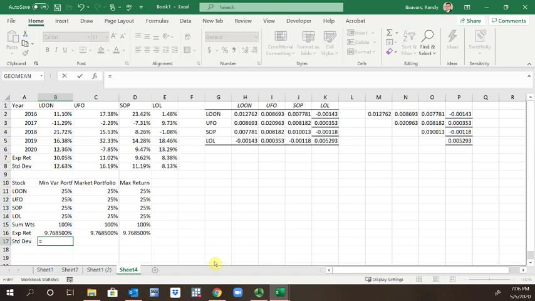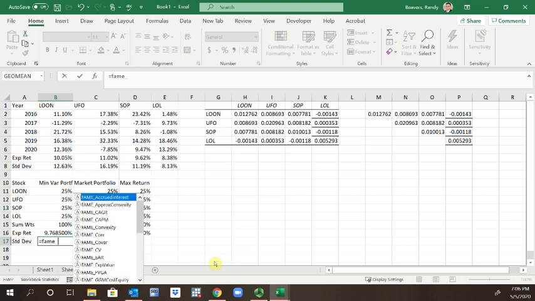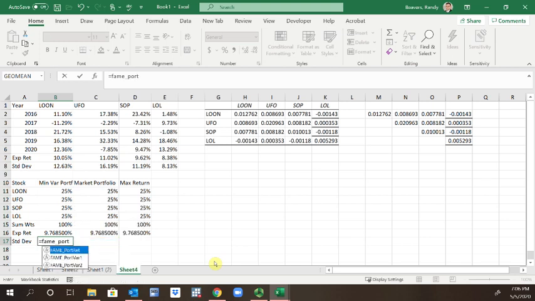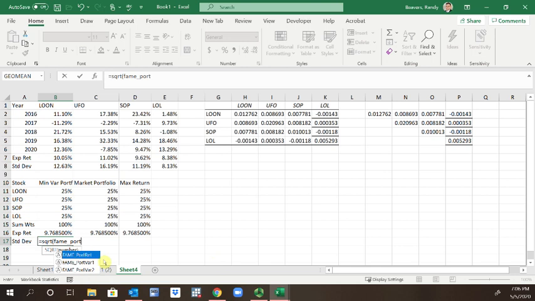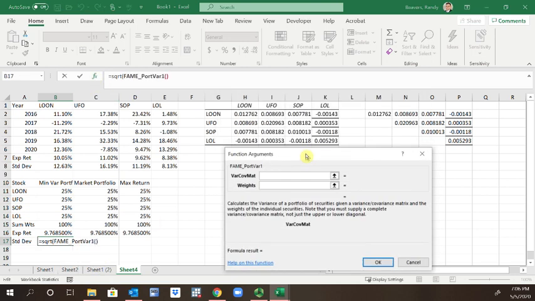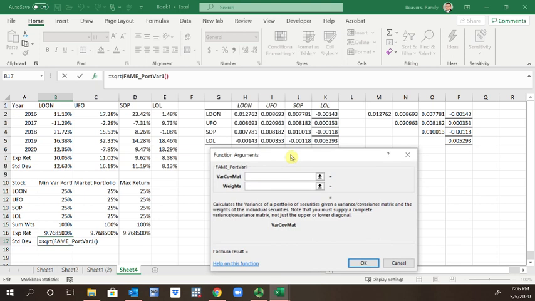Actually, we're going to use the FAME function underscore portfolio to get the portfolio return and portfolio variance. We'll start off with equal square root and then port variance one. Let's look at that one first. What does that have? That would be our variance-covariance matrix, and then the weights.